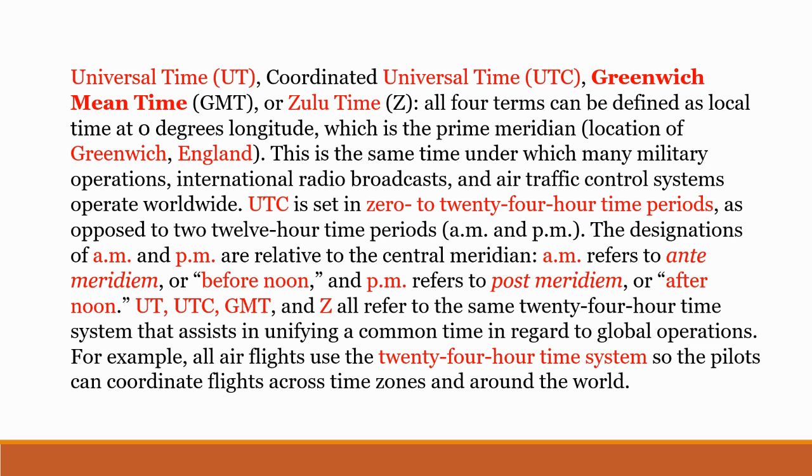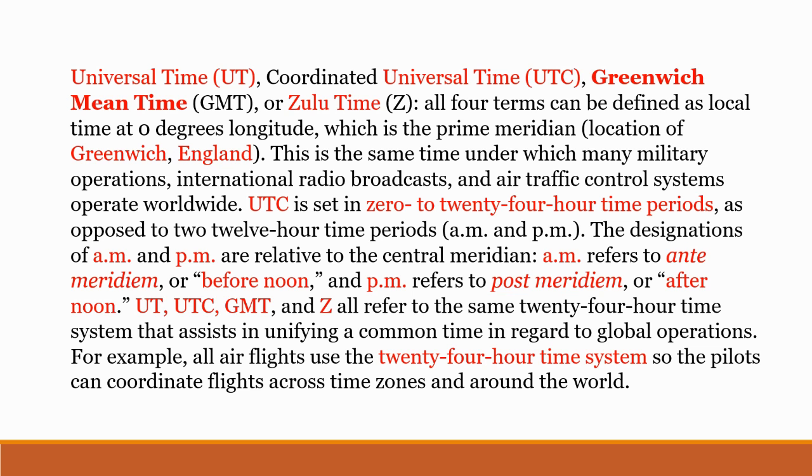Or we can say the first half is AM and the second half is PM. The designations of AM and PM are relative to the central meridian. AM refers to ante meridiem, or before noon, and PM refers to post meridiem, or afternoon.